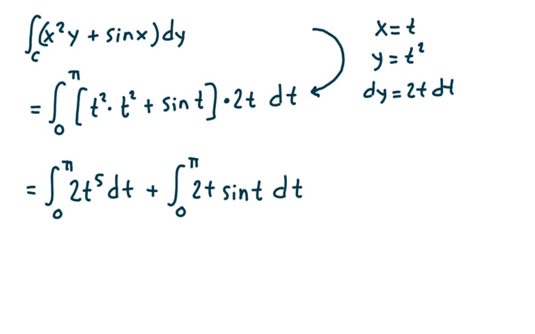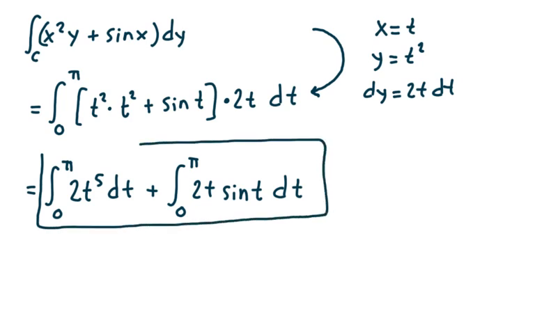And then on the third line, to get this line down below, I break up the integral because it's easier to manage. And so this is the integral from 0 to pi of 2t to the 5th dt plus the integral from 0 to pi of 2t sine of t dt.